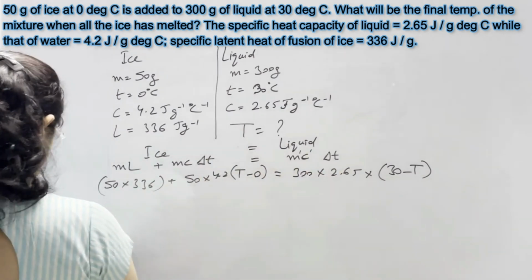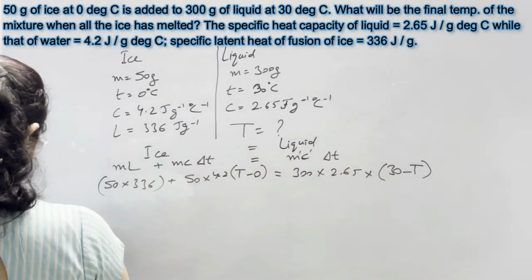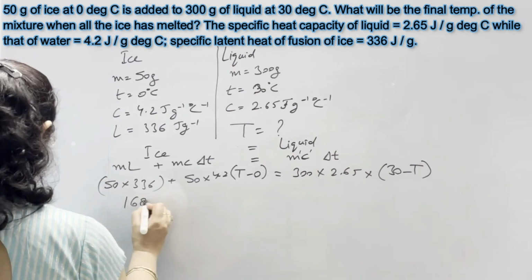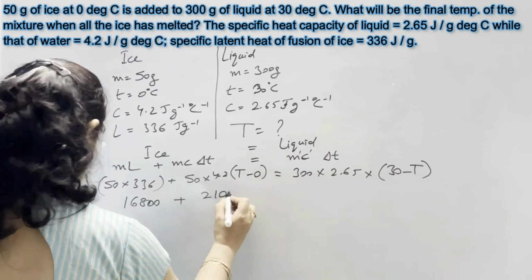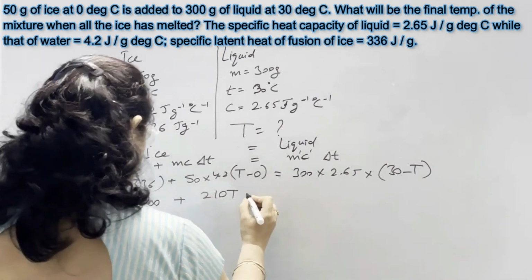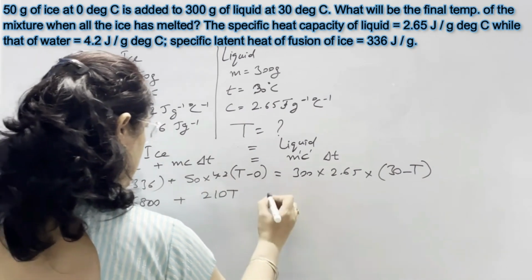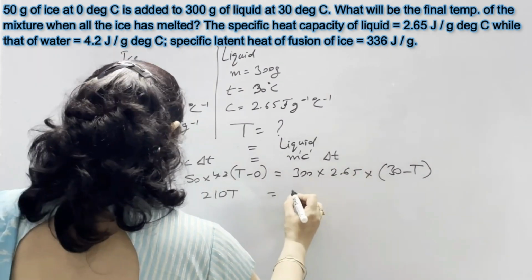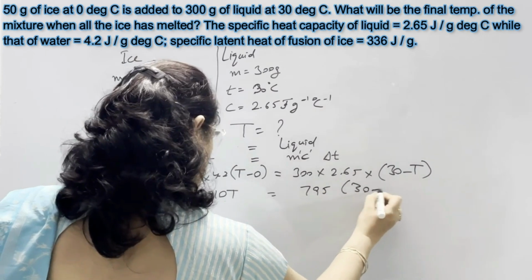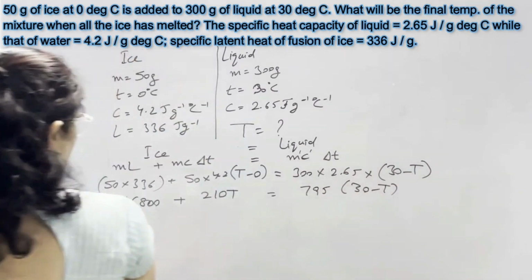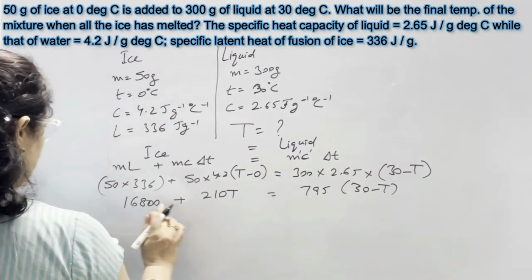Now for calculation, 50 into 336 means 16800 plus this is 210 T, is equal to, on that side, 795 into 30 minus T. So we can transpose the terms.